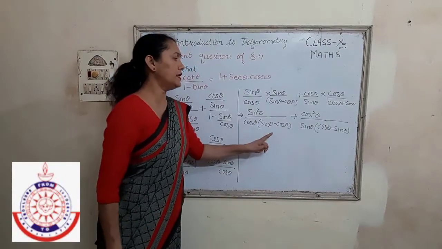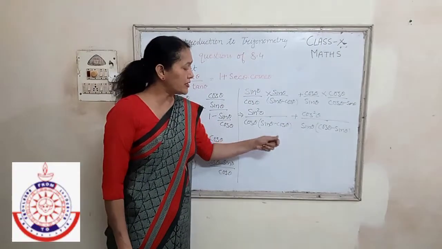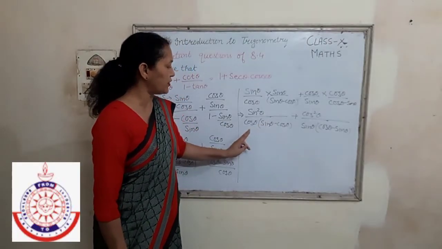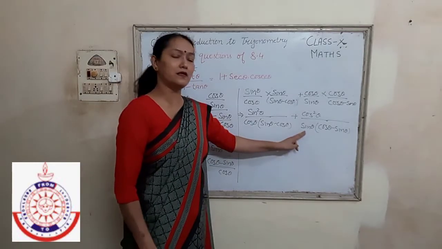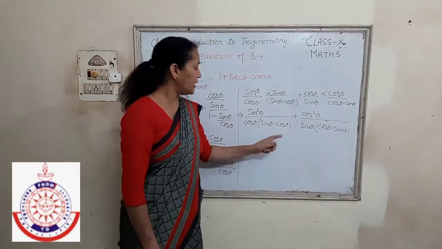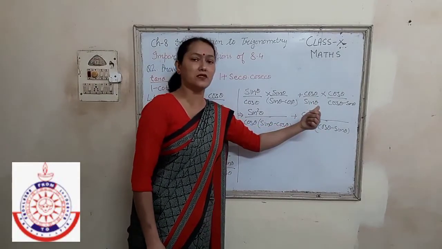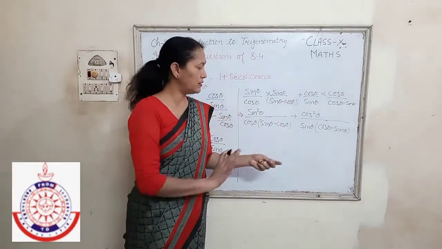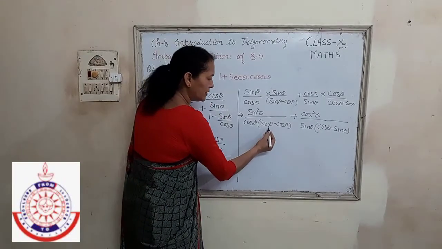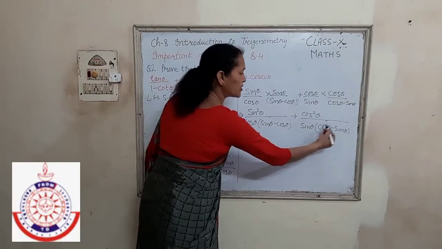Next step would be taking LCM. Now see, before taking LCM, look at the terms carefully. Cos theta and sin theta are different terms. Sin theta minus cos theta and cos theta minus sin theta are the same, but see, it is sin minus cos and it is cos minus sin.